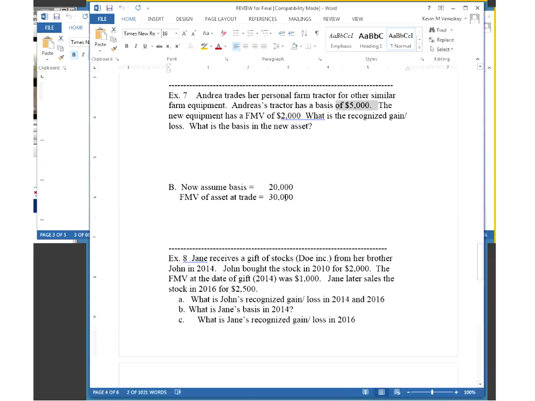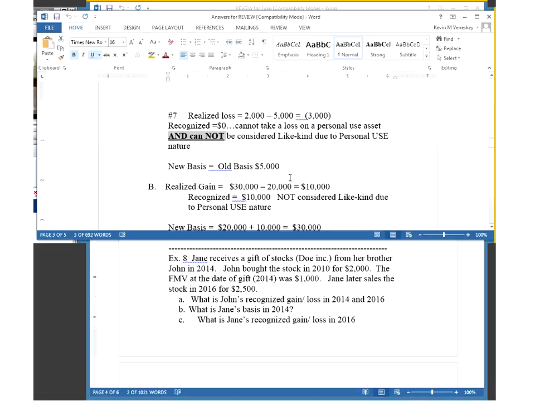Now, assume the facts change just a little bit. Assume a basis of 20, and fair market value at trade is 30, so instead of going down, it went up in value. Here we have a $10,000 gain, and we must treat it as a recognized gain.